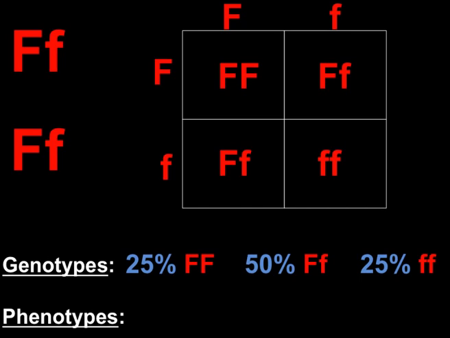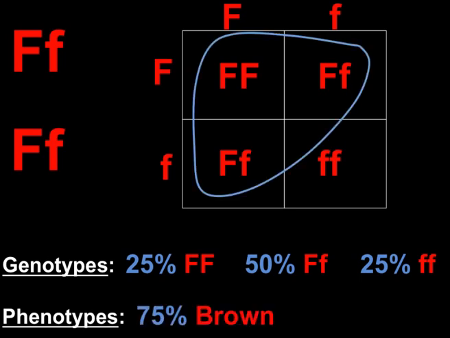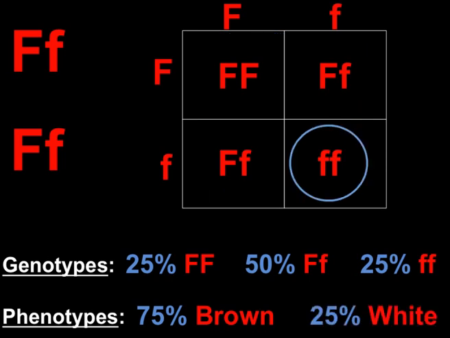Phenotype-wise, though, because homozygous dominant and heterozygous both have the same phenotype, all 3 of these can give me the brown or the dominant phenotype. So I'm going to have a 75% chance of getting a brown furred mouse and a 25% chance of getting a white furred mouse. So make sure you realize that the genotype percentages and the phenotype percentages won't necessarily be the same.